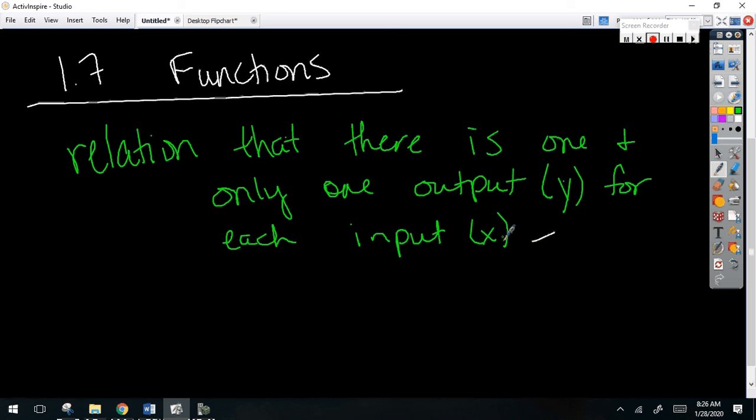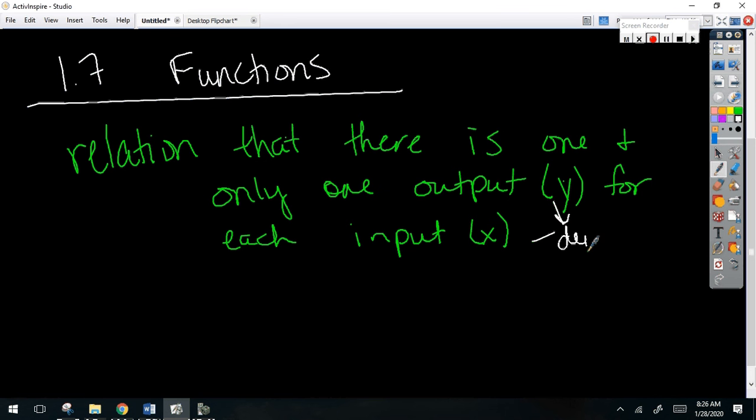But I think it's a little easier if we look at some relations in the form of a table, a graph, and some points, and determine whether or not they are functions. Remember our synonyms here, okay? Output, y, what's another word?